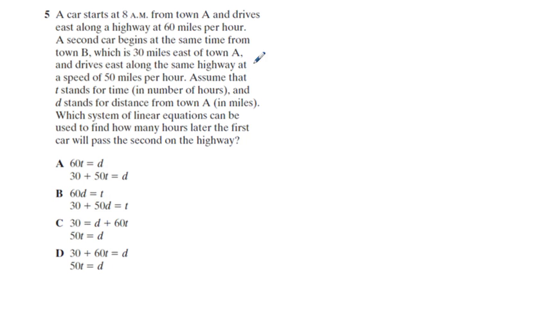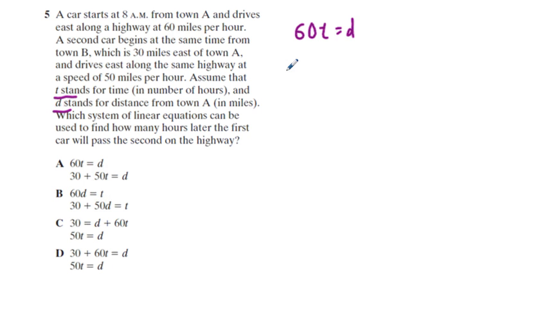So time is the number of hours, and to give you the letters, T stands for time, number of hours, and D stands for distance. So for car A, you have 60 times the amount of time is going to be equal to the distance.